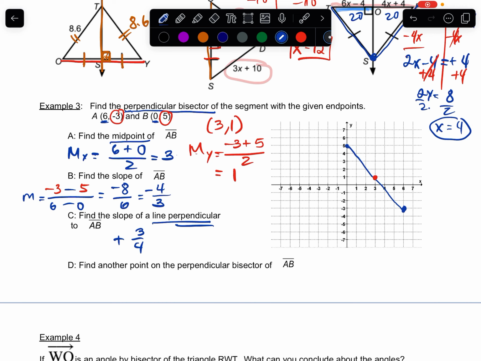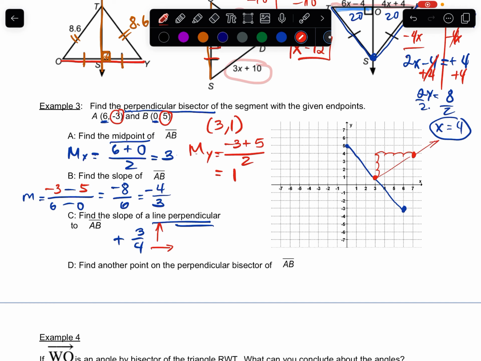So find another point on the perpendicular bisector. I am going to use my slope of 3 going up, 3 goes up, 4 goes to the right. So I'm going to go up 3, 1, 2, 3, and I'm going to go right 4, 1, 2, 3, 4. That is my point right there.